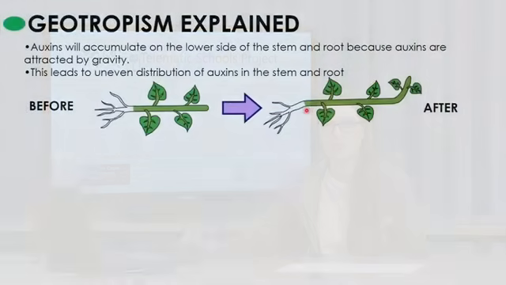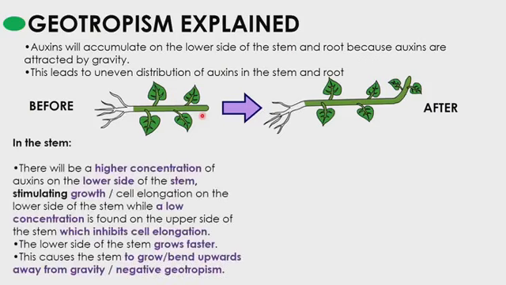Now, in this image, we can see on the right-hand side the consequence of a plant that has started to have a growth response. The top will grow upwards and the bottom will grow into the soil. It starts off by having that uneven distribution of auxins. They accumulate at the bottom and bring about two reactions.